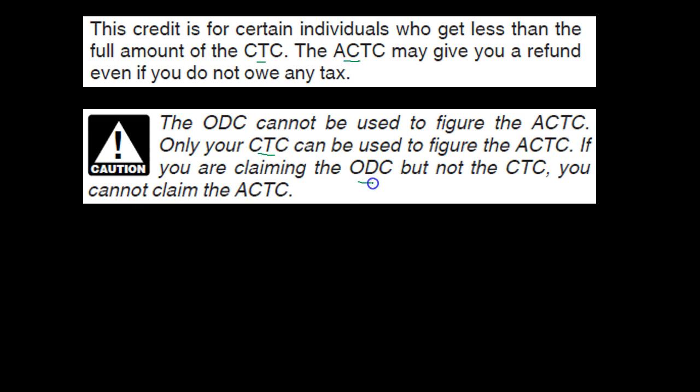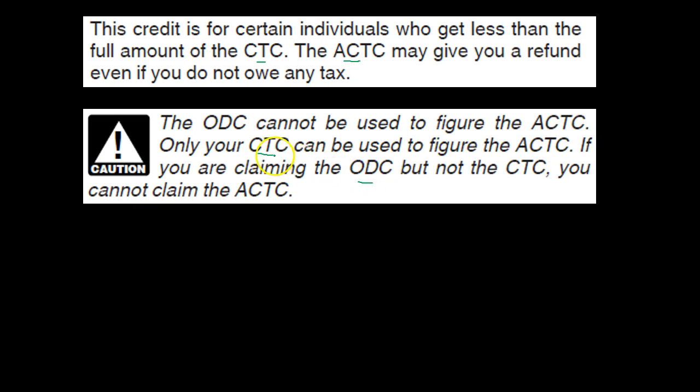Then we would be looking at that $500. However, if the $500 brought us below the tax liability, that's not going to qualify us for the additional child tax credit. Meaning, if they're not a qualified child and we just have an other dependent credit, then if we go to 0, we're basically stuck there. We're not going to get any refund. We're not going to get any part of that $500.